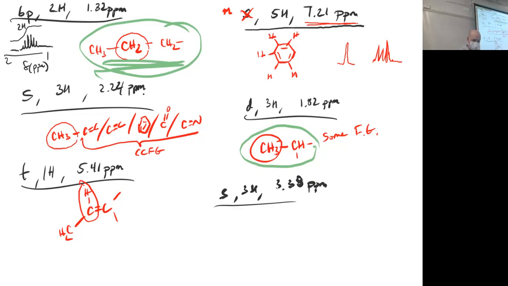It is a CH3. You said a singlet, so no hydrogen neighbors, right? And either an N, O, or halogen. Great. You know anything else? Don't believe so. You do not, and that's it. Questions on that one?